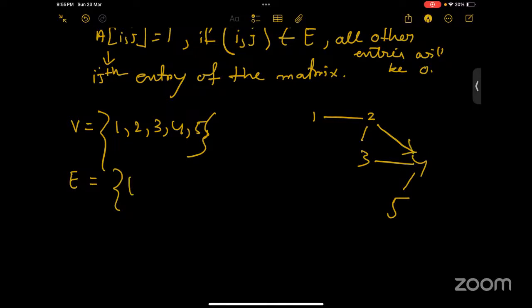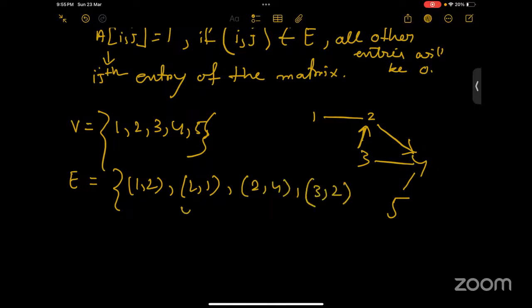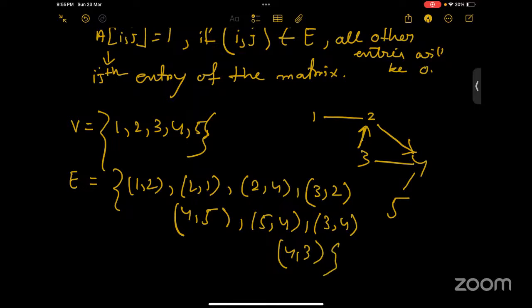Suppose this is a directed graph. 1, 2; 2, 1; 2, 4; 3, 2; 3, 4; 4, 3; 4, 5; 5, 4. Correct. These are the edges.